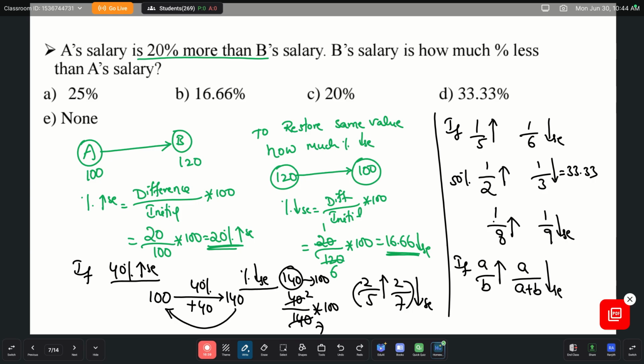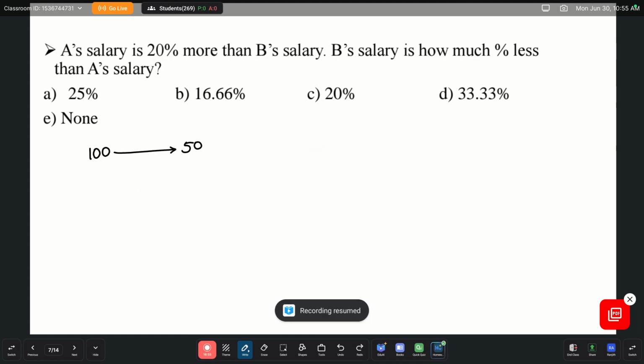Instead of solving each and everything directly by reading the question, here in this statement, 20 percentage, 1 by 5 is increased, directly 16.66 percentage has to be decrease. Now 100 to 50 percentage decrease. How much percentage decrease is nothing but difference by initial into 100.